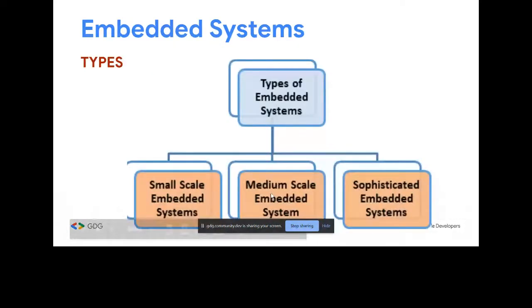In the medium one we find 16 to 32-bit, and in the third one, the sophisticated embedded system, we can find configurable processors or scalable processors.